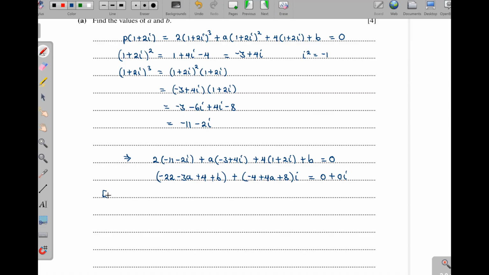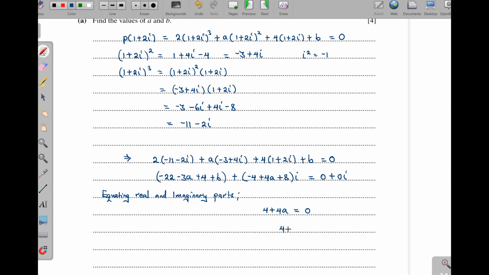So, equating real and imaginary parts, we have negative 4 plus 8, let us simplify it: 8 minus 4 gives 4. So we have 4 plus 4a equal to the 0 on this side. That is the imaginary part.